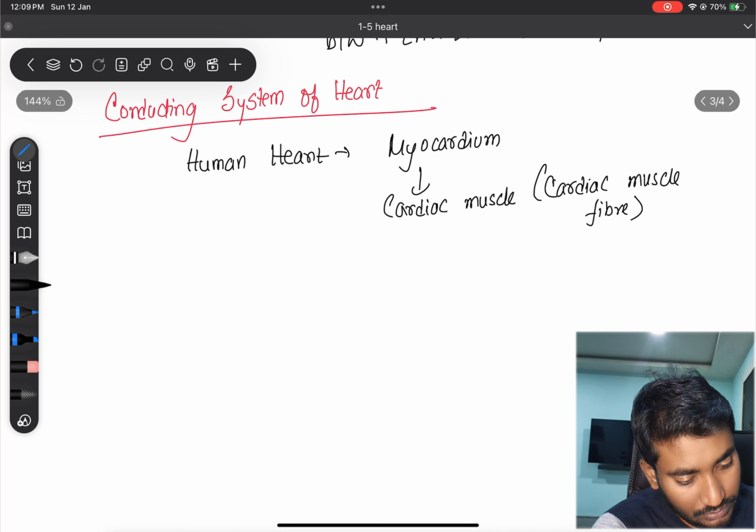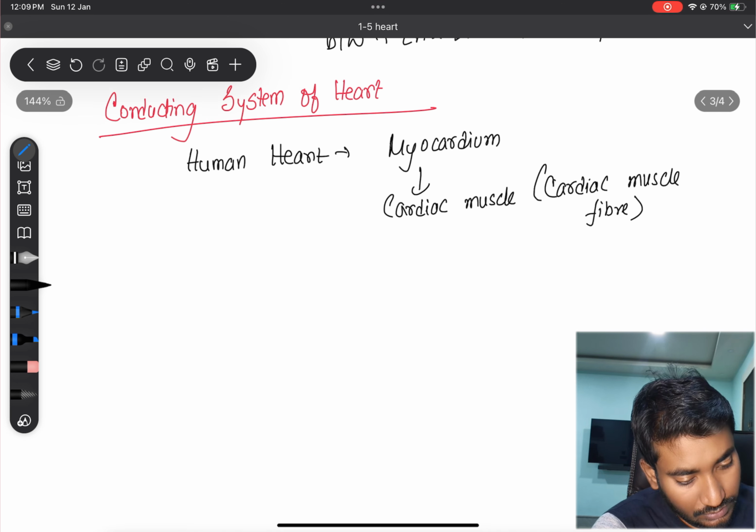Now, most of these muscle fibers are normal, but a few of these fibers are nodal tissue.